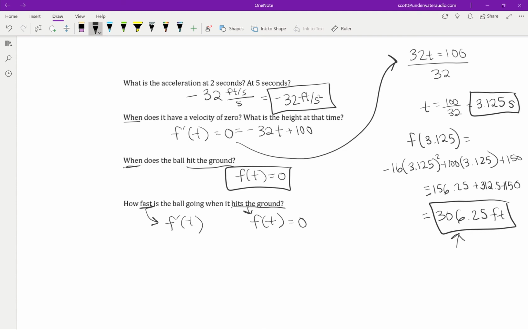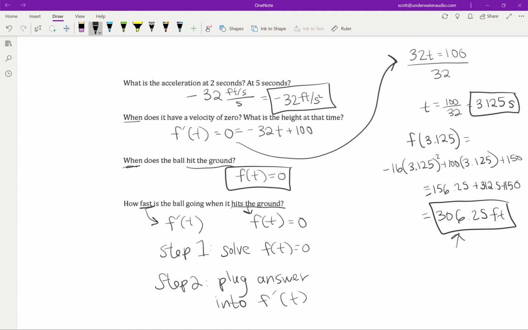So to solve this problem, step 1 is solve f of t equals 0. Then I would know when the ball hits the ground. And then step 2, I would plug my answer into f prime of t, and I would be done.